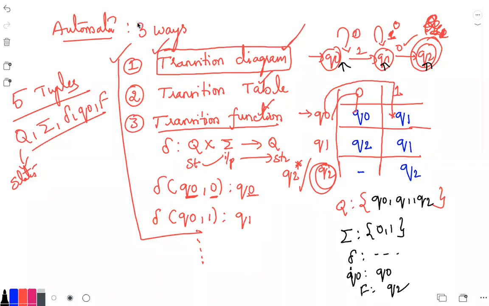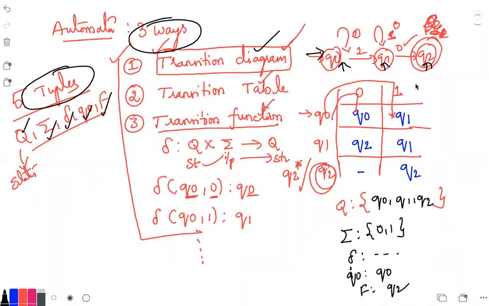So an automata is represented in 5 tuples: the states, input, function, initial state and final state. There are 3 ways. The first one is the diagram, the most efficient and better version. The initial state should start with an arrow symbol. The final state should be depicted with concentric circles.